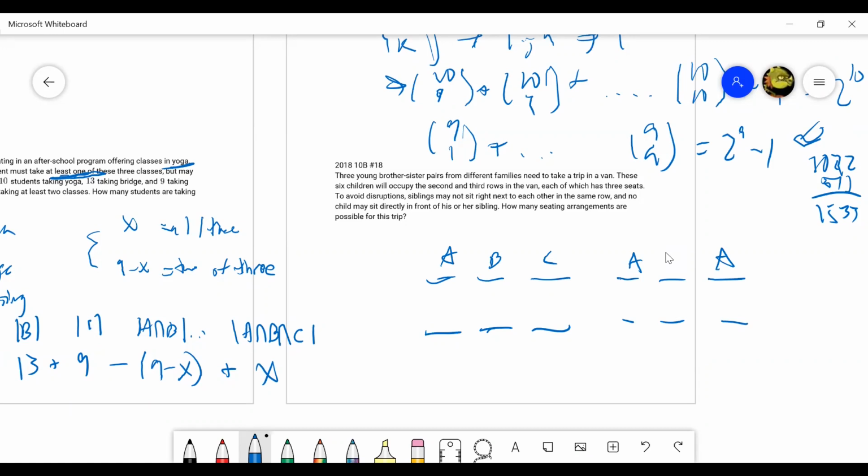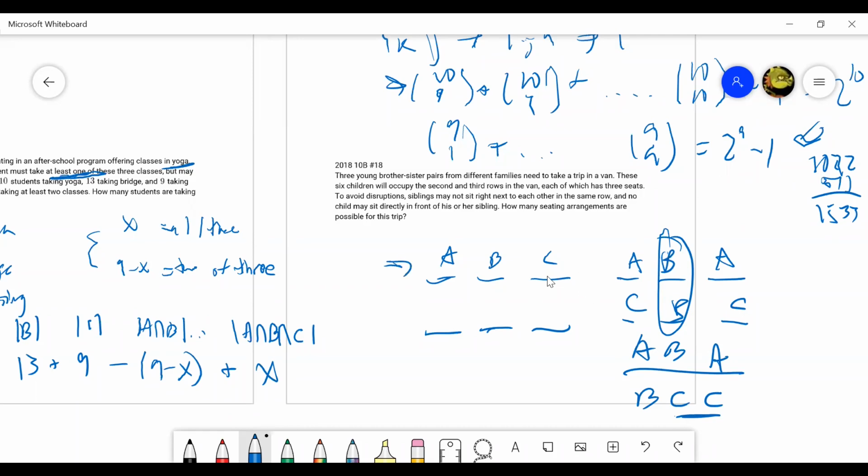So here the same letter means same family. Then the next row would have to look like this, and then these 2 people would not satisfy the seating arrangement. And then obviously if we don't have that, then these 2 will be next to each other. So with that, it's easy to see that there has to be 3 unique families in each row.